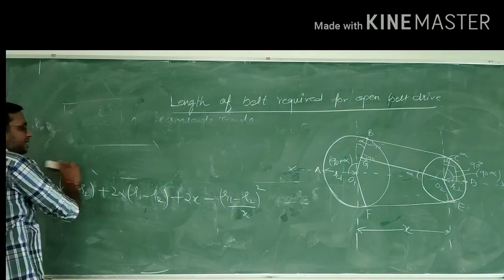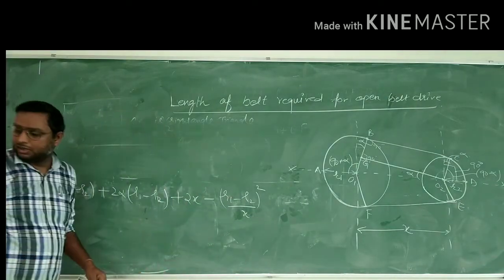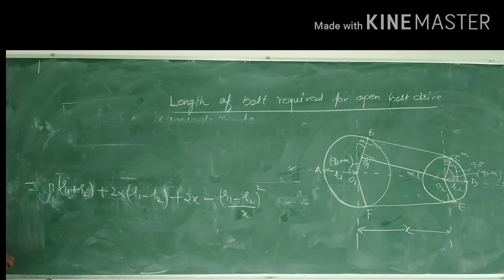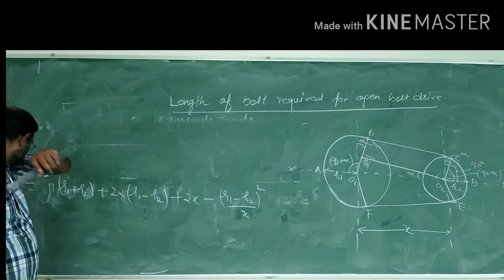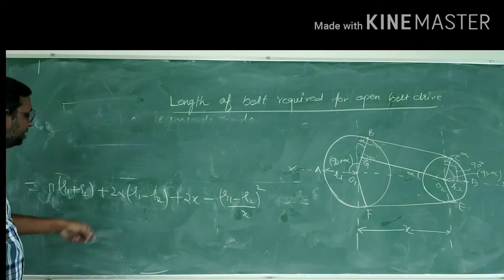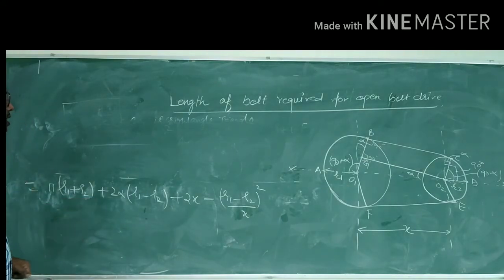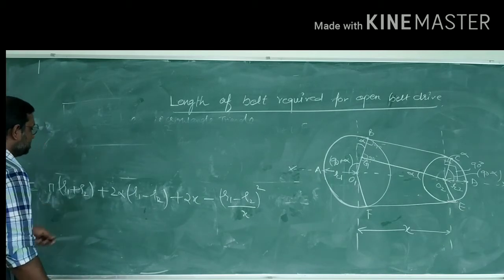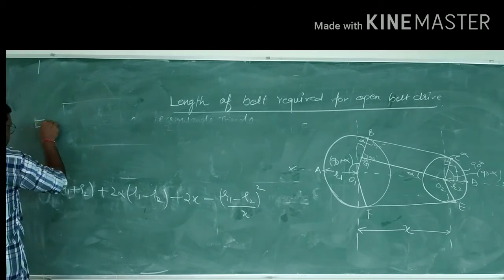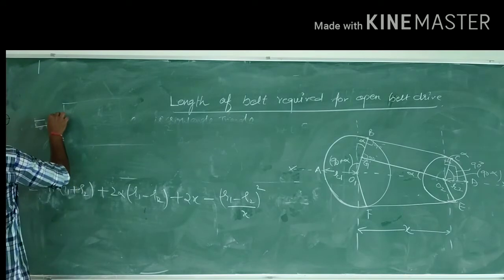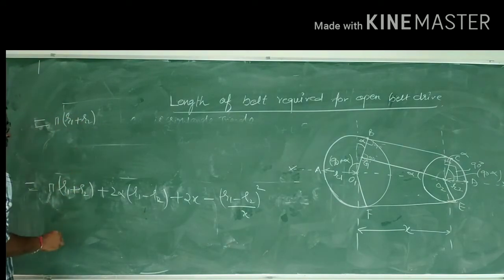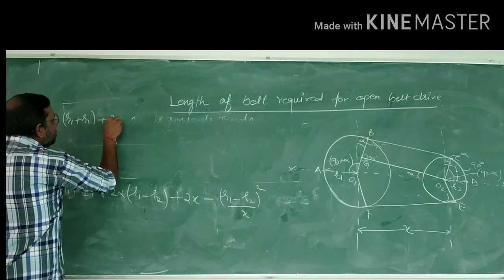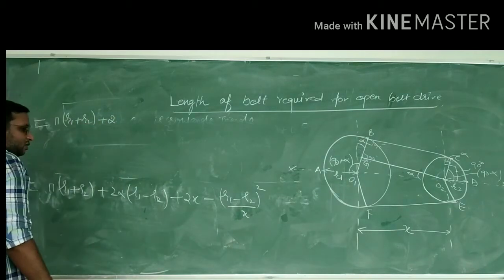But initially we have found the value of alpha. Since this equation contains alpha, we need to find the equation that doesn't contain any term like alpha. Okay, so putting the value of alpha in this equation, you will get, what was the value of alpha? So pi R1 plus R2 plus 2 times, what was the value of alpha?